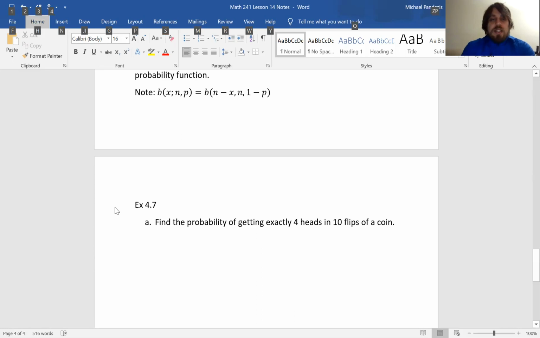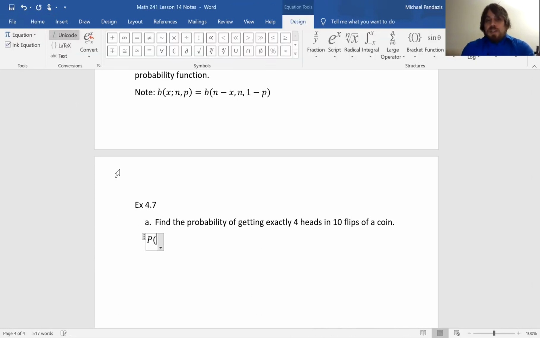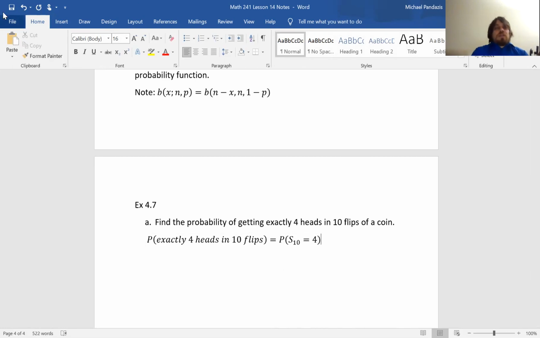Okay, so we want to find this probability. The probability of exactly 4 heads in 10 flips. Well, this is the probability of S sub 10 equaling 4.